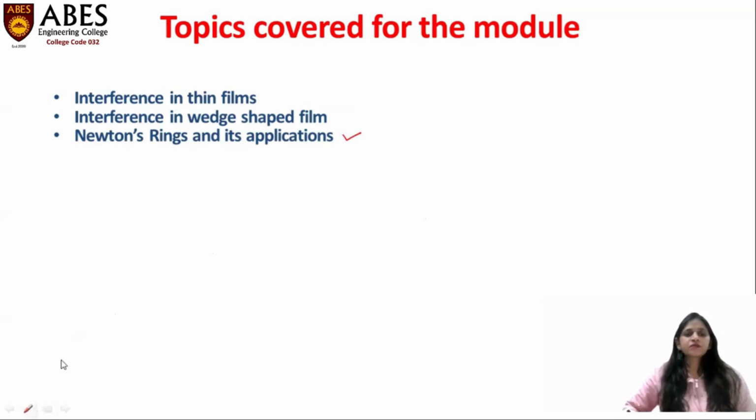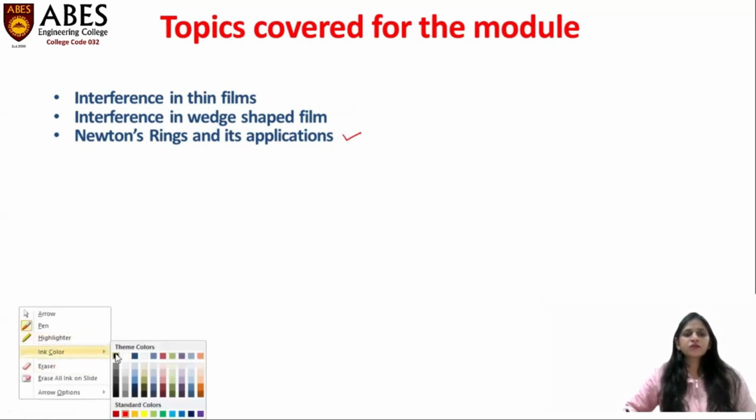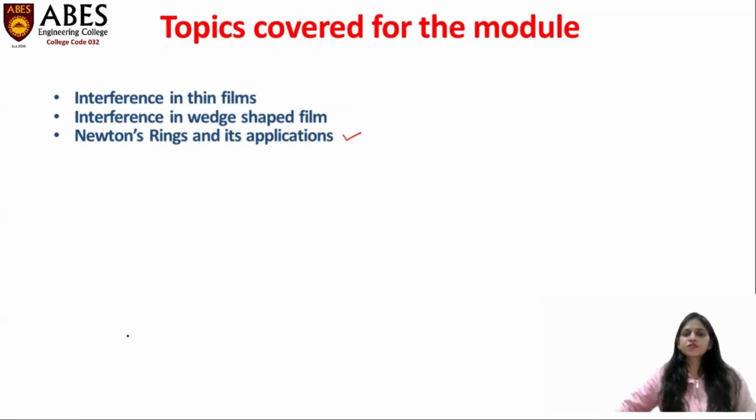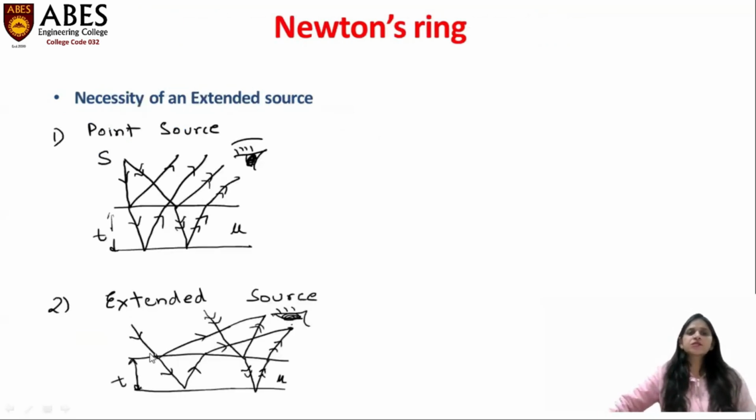Before we start with Newton's ring and its application, let us talk about the necessity of an extended source, because in the Newton's ring experiment the sodium lamp is kept inside a box having a broad slit. Let us understand why there is a necessity of an extended source.